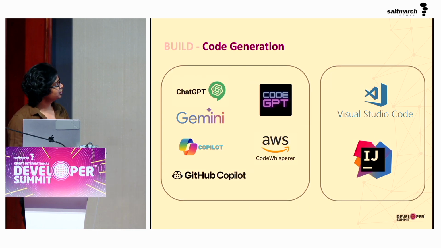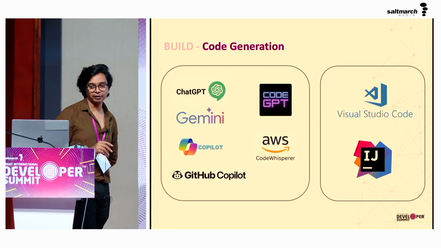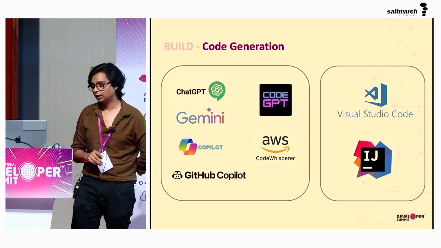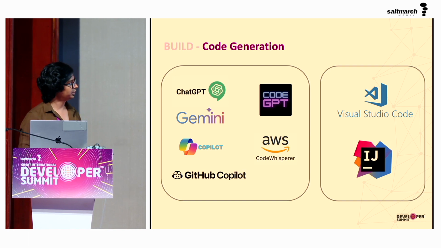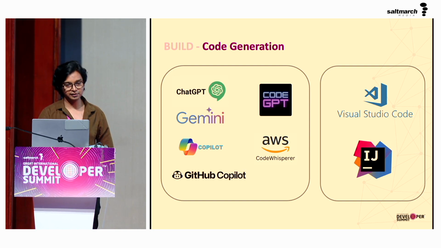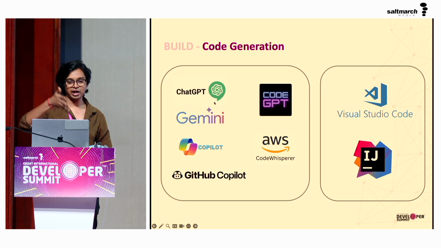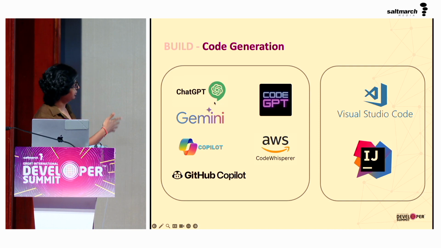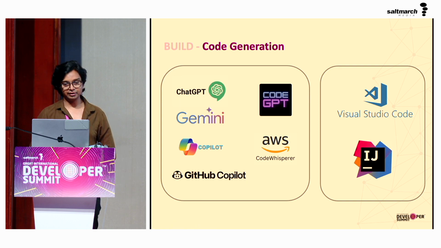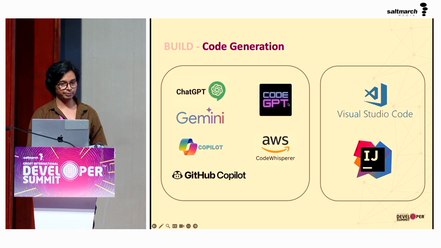The second application, and the bigger bucket of use cases, is code generation. I'm sure many of you have already played with different models, whether in ChatGPT, Gemini or Copilot, or GitHub Copilot, and there are a bunch of other things like CodeGPT.